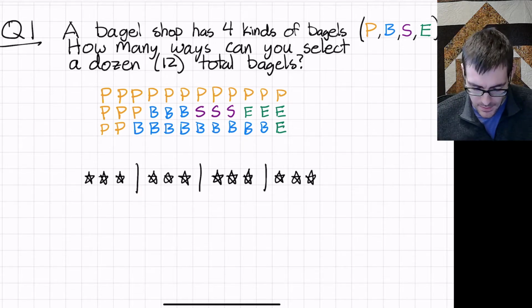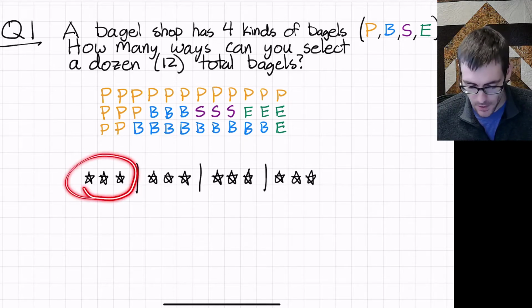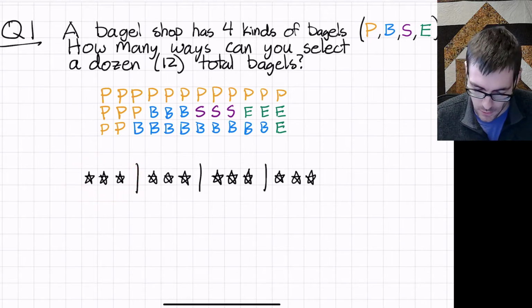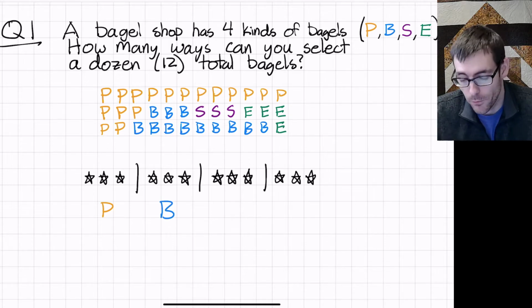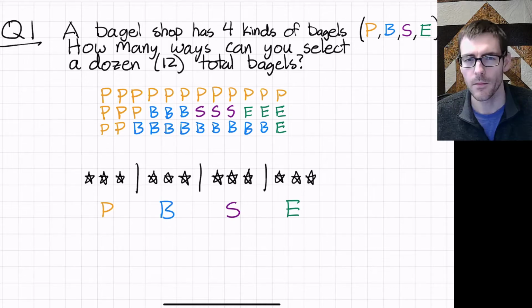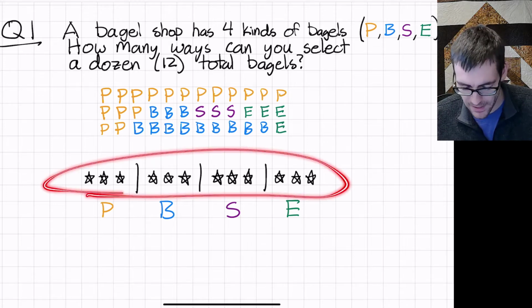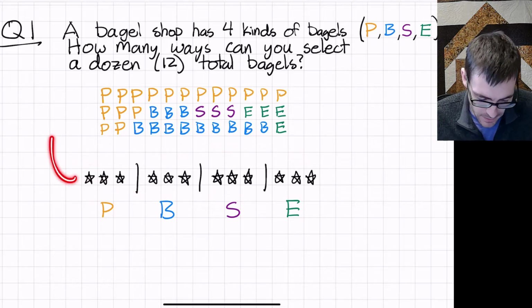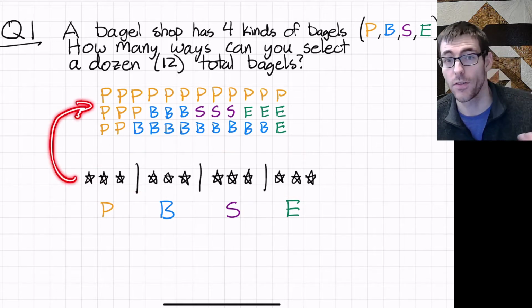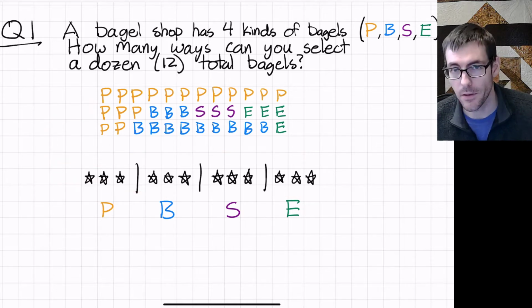And the idea is that the first cluster, or arbitrarily one of these clusters, corresponds to the plain, whereas another cluster corresponds to the blueberry group, etc. So this way of writing down this pattern of stars and bars corresponds to the same solution that we talked about in our second example here.